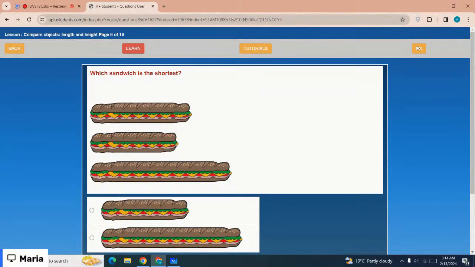Which sandwich is the shortest one? The first option is the correct option, right?